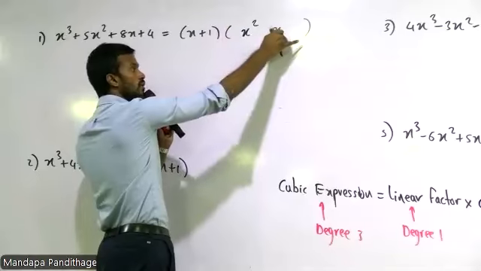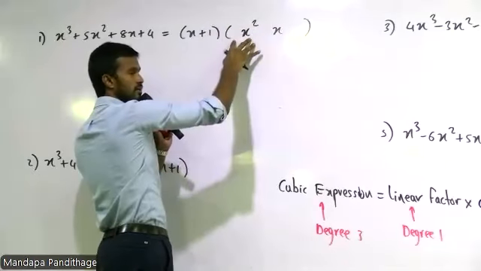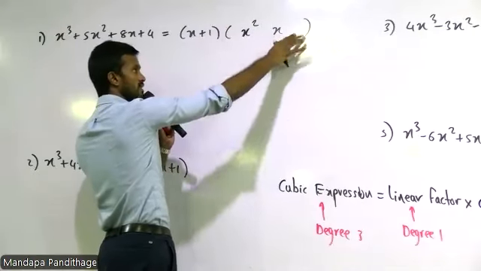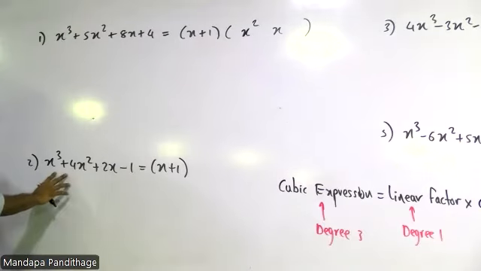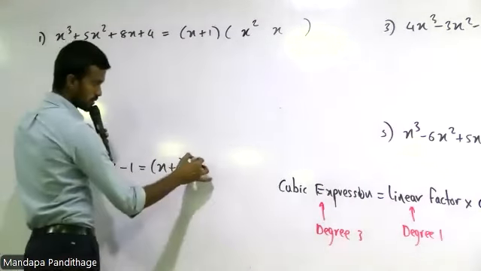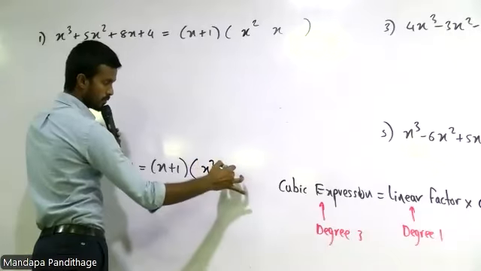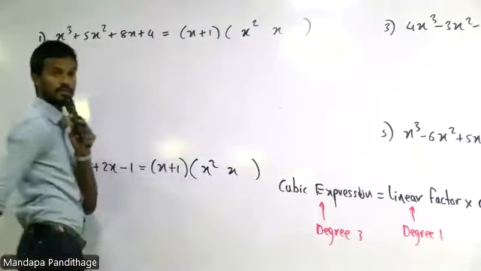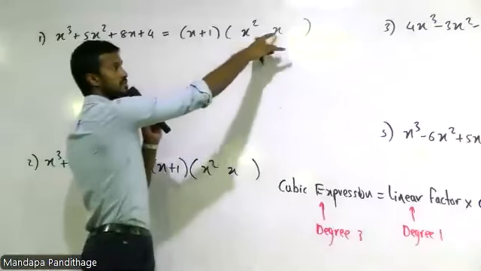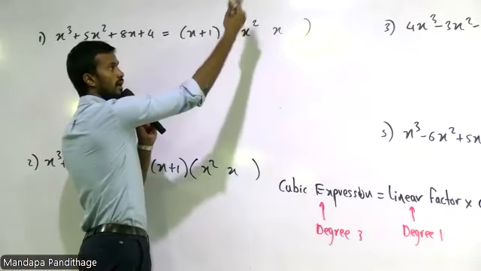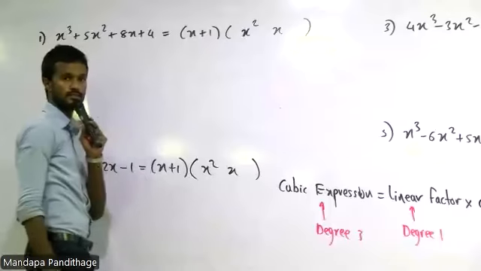Here the degree is 3, here the degree is 1, so I write x squared, x and a constant. My task now is to find these coefficients. Then we know the two factors.